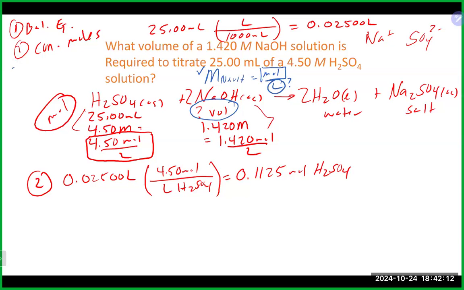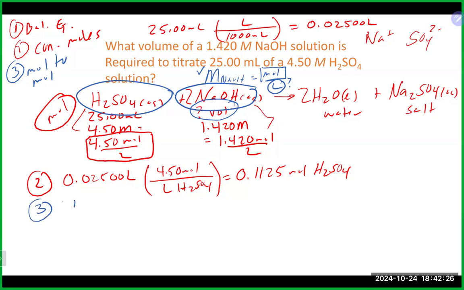So that is the third step, your mole to mole relationship. In this case, we're interested in the sulfuric acid to the sodium hydroxide. We can see from the equation that for every 1 mole of sulfuric acid, you get 2 moles of sodium hydroxide. So that is what we're going to use to convert into sodium hydroxide moles.